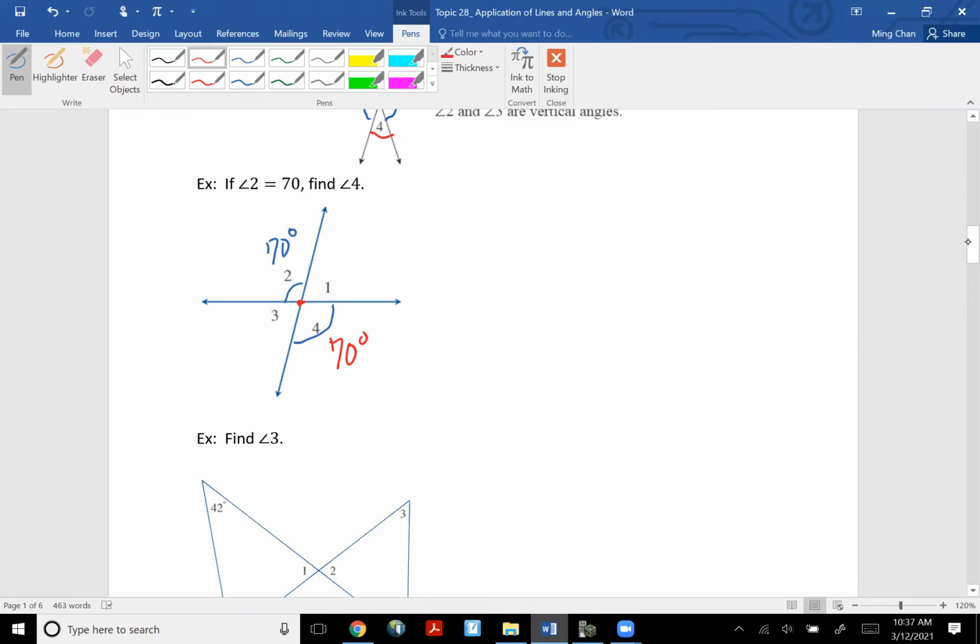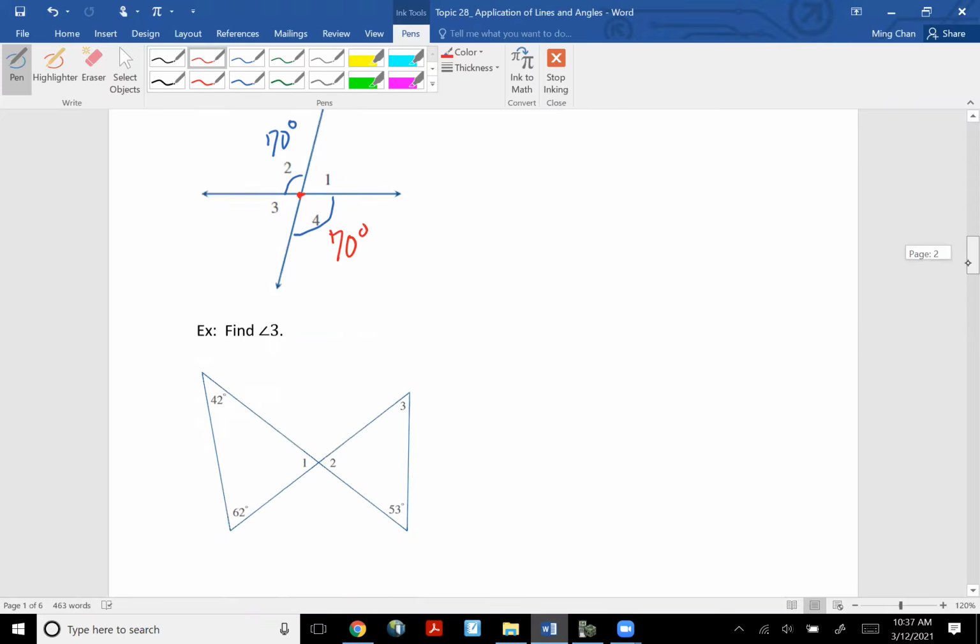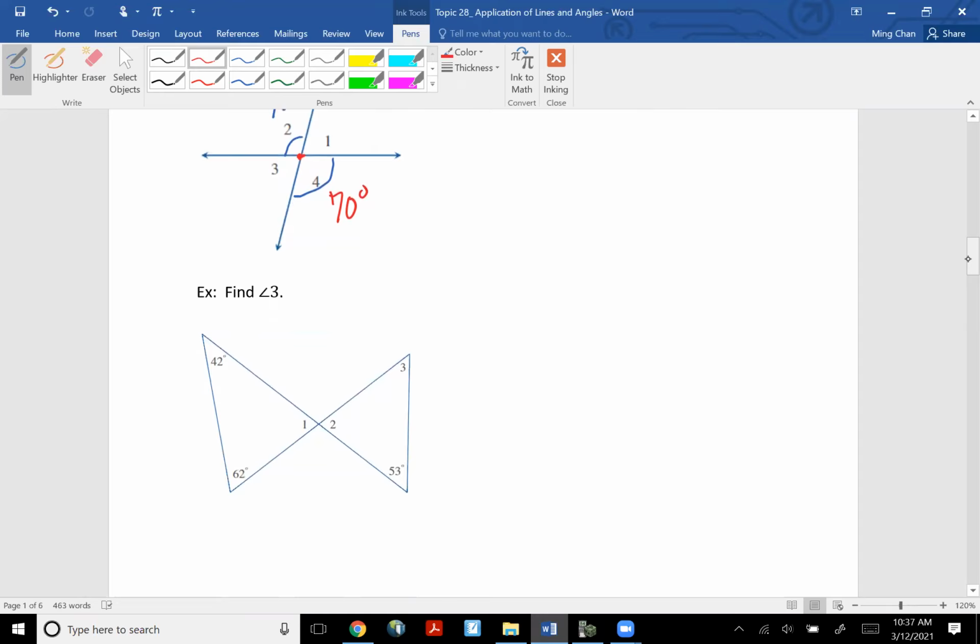All right, let's find angle number three. This one is a little bit tricky. Angle three is way up here. See if you can notice that this is a triangle, and a triangle has 180 degrees. To find this missing angle, I need to know the other two, since angle three is inside another triangle. So I need to know what angle two is.